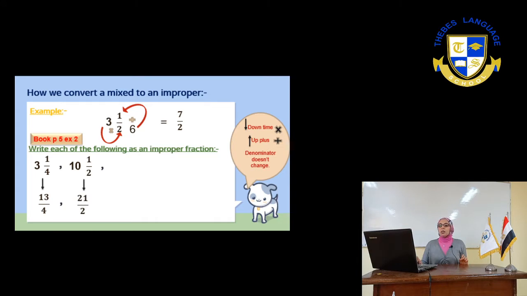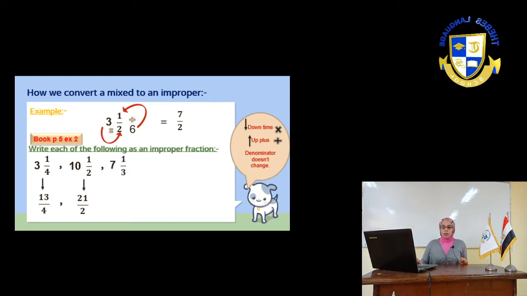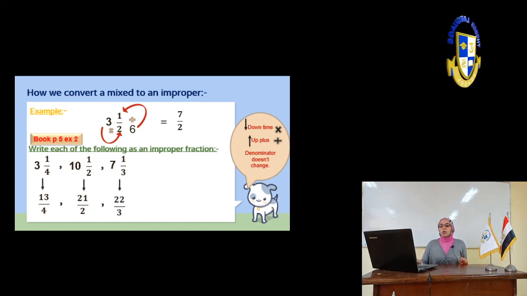Next mixed number, 10 and 1/2. 2 times 10 is 20, plus 1, 21 over 2. 7 and a third. 3 times 7 equals 21. 21 plus 1 equals 22 over 3.